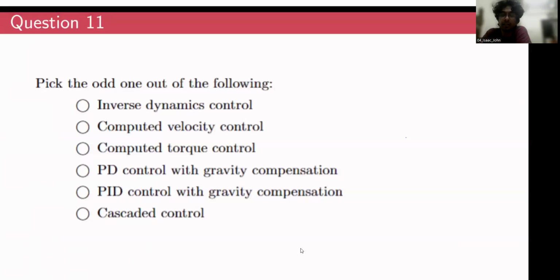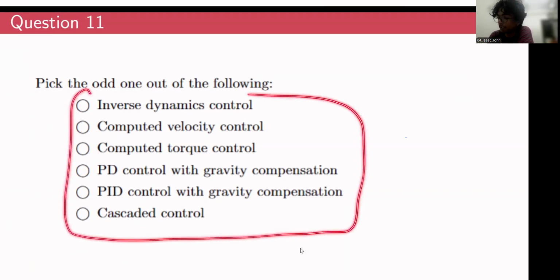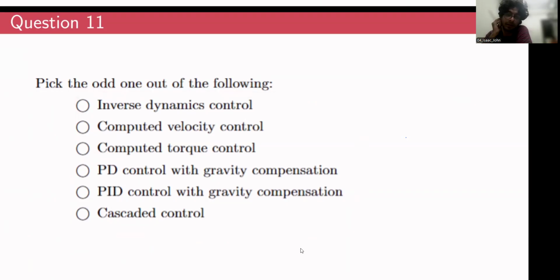I'll give one more hint. You can classify the controllers as open loop or closed loop controllers. So if all the options can be classified as open loop and closed loop controllers, what will be the odd one out? Any answers?